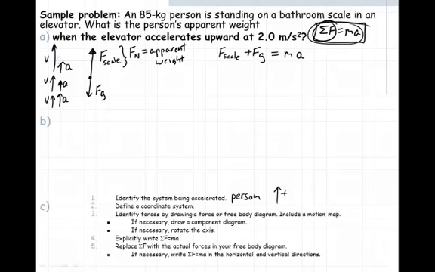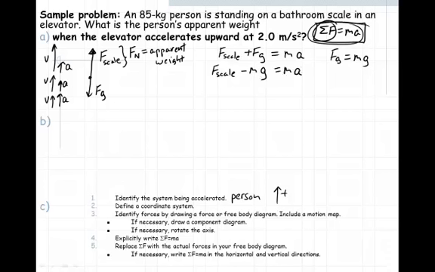Now the force of the scale is upward, so we'll write that as being upward. The force due to gravity, as we learned earlier, is equal to mg, but g is negative, so that could be rewritten as m times minus g.